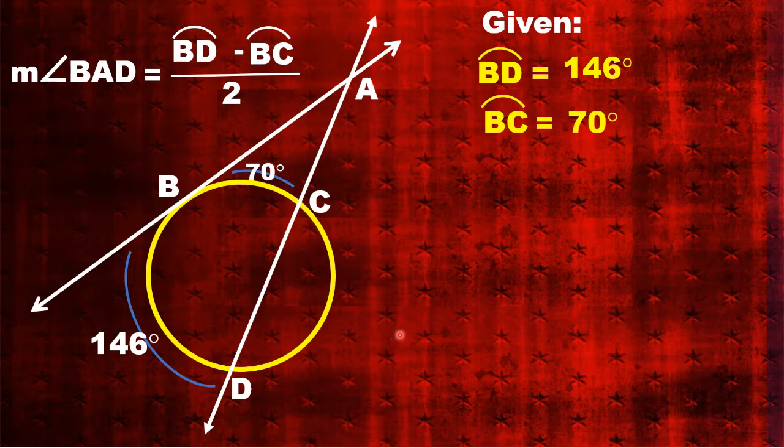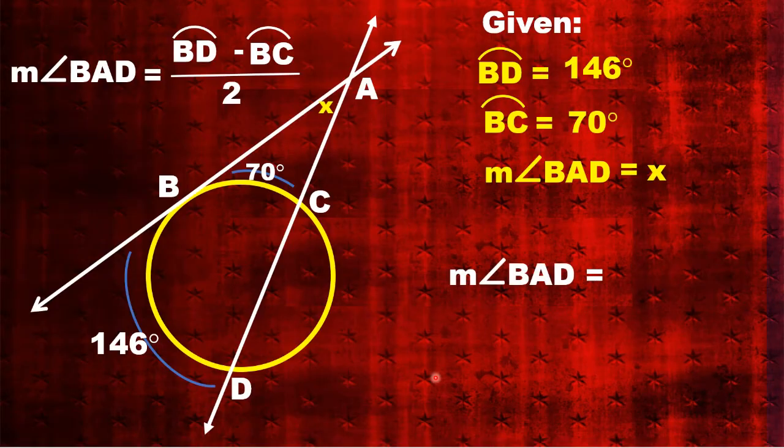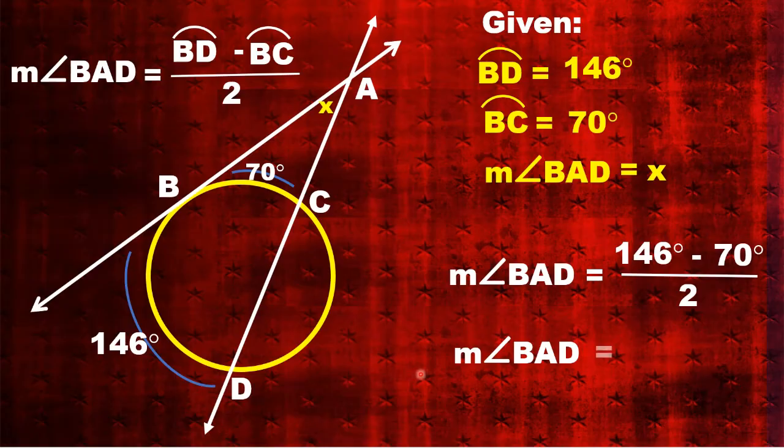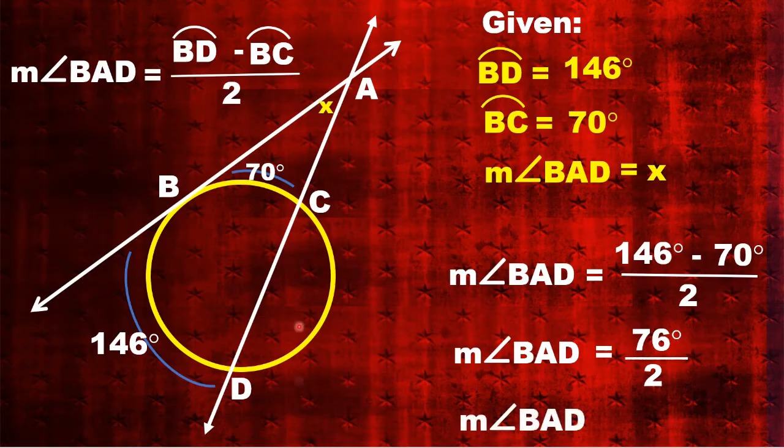At yung ating hahanaping measurement is the angle BAD or angle DAB, which we will represent as X. Now, substituting the values with our formula, the measurement of angle BAD is equal to arc BD is 146 minus arc BC is 70 divided by 2. Simplifying, we have 146 minus 70 is 76 divided by 2. Therefore, the measurement of angle BAD is equal to 38 degrees.